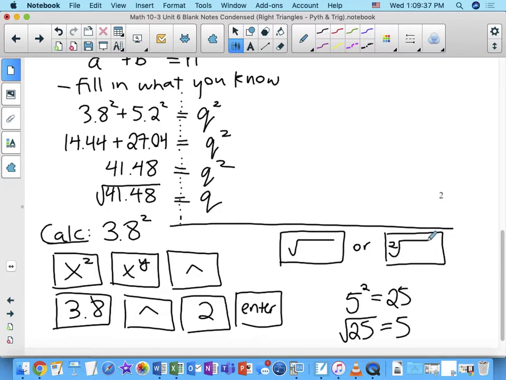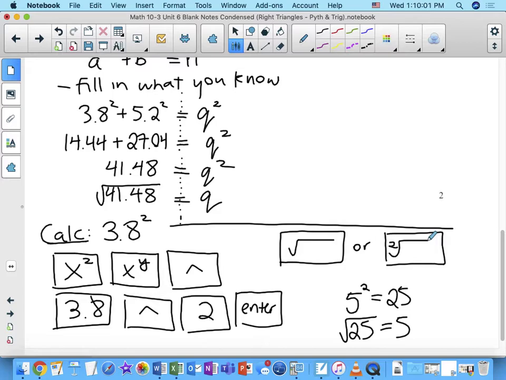On some calculators, you have to put the 41.48 in first, and then hit the square root button. On some, you have to put the square root button in first, and then enter 41.48. So you just have to figure out how your calculator works.